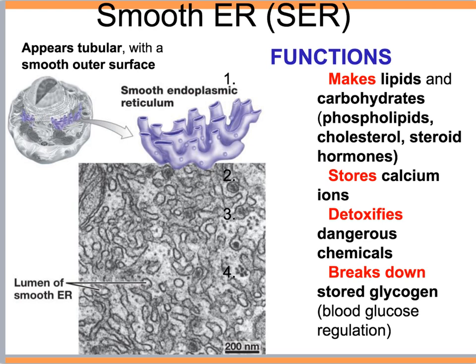It can be a very important place for detoxifying chemicals. So there are enzymes that are present here that will help to detoxify some dangerous chemicals. And finally, it can be a place of glycogen storage and breakdown. So if you have glycogen that's been stored, the smooth endoplasmic reticulum has enzymes in there that can help break it down so it can free up the sugar that needs to be released back into the body.